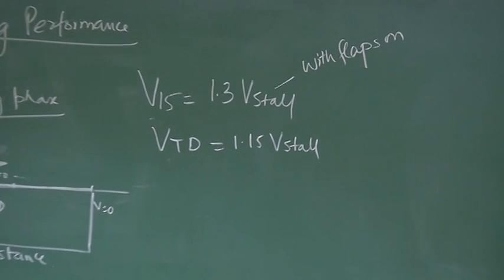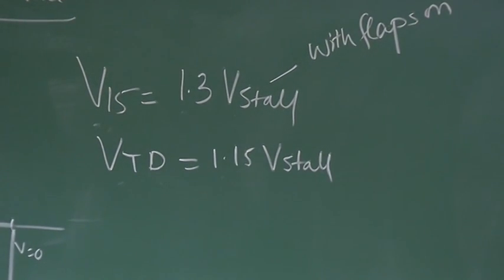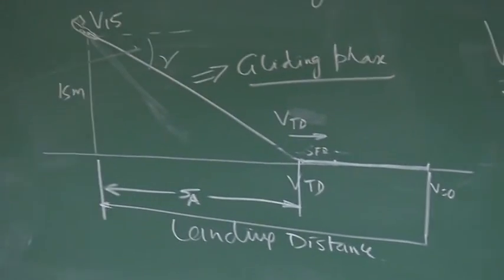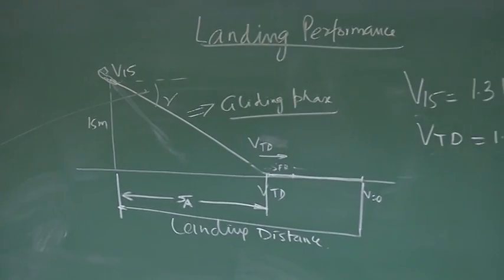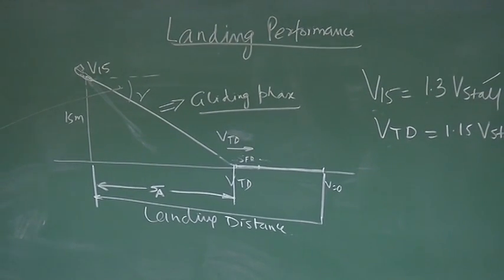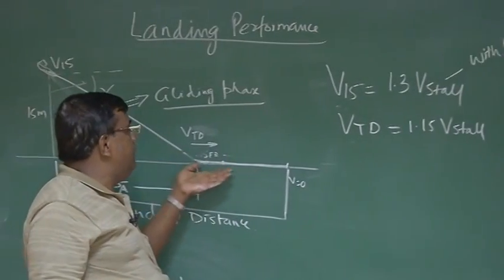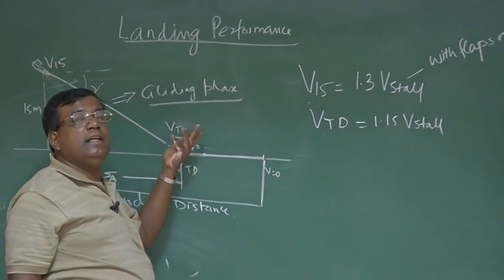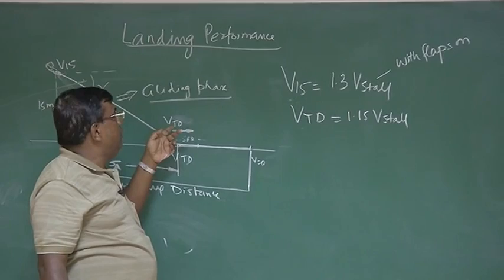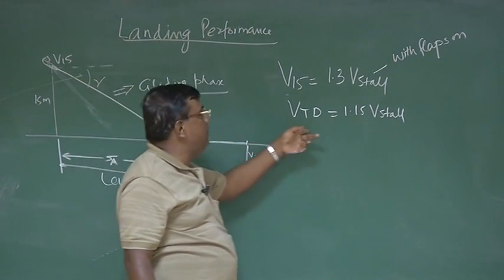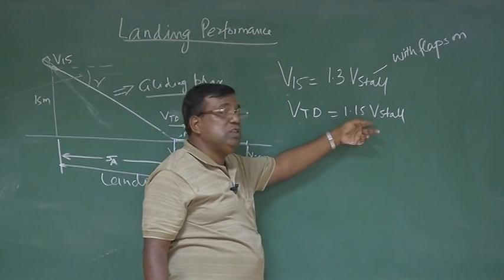Now we will calculate SA and other distances to calculate the whole landing distance. But you could see that conceptually nothing new we are doing. This part we know, the gliding phase. This part is a flare. For 3 seconds it will be going at speed equal to V touchdown, which we know is 1.15 V stall.